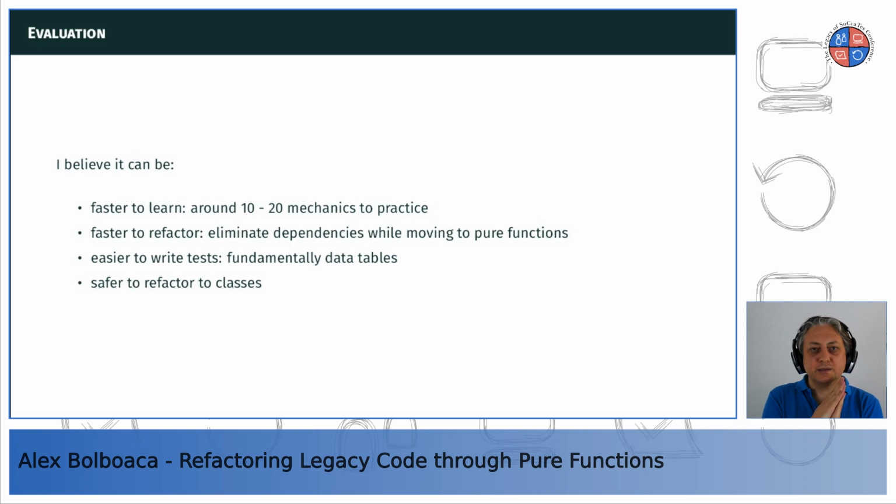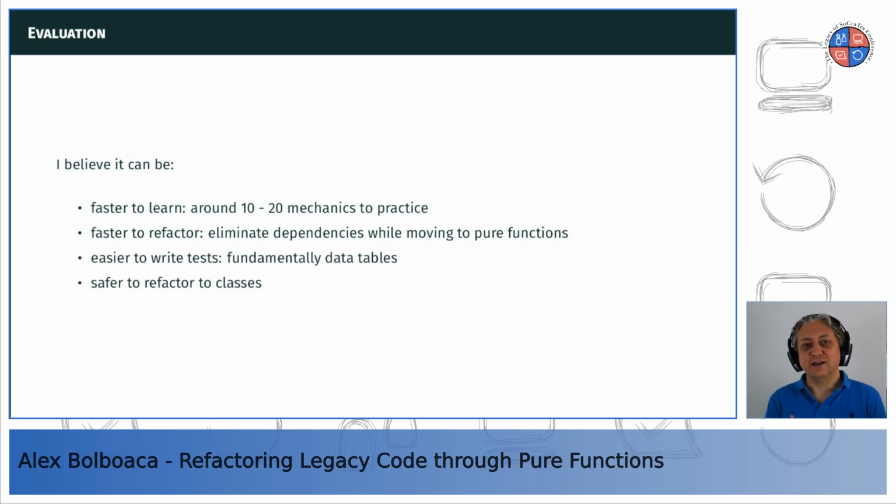I like that it's faster to refactor because I'm using the compiler, I'm using the existing refactoring tools to eliminate the dependencies. And this is the hardest problem when dealing with legacy code. I can write tests more easily.